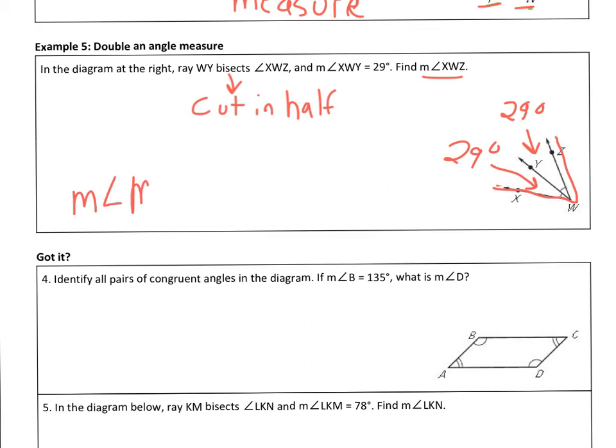So angle XWZ is just 29 times 2, or 29 plus 29, but it's those two angles being the same, okay? So that's only when they're marked like this and I talk about bisecting, okay, cutting in half, okay?